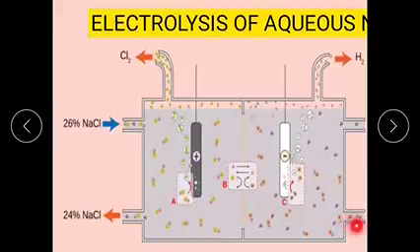The remaining Cl minus ions move towards the anode side and liberate chlorine gas. The hydrogen ions move towards the cathode side and liberate hydrogen gas.